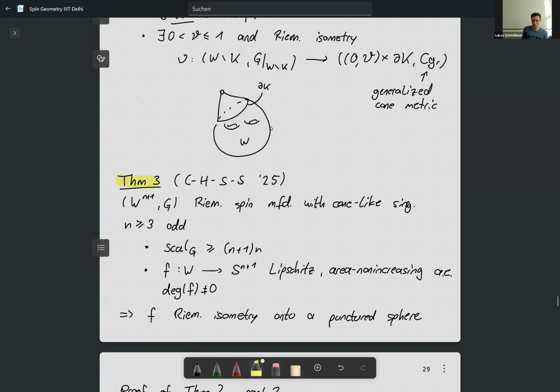In case of W^{1,∞}, this would mean that the links here, this ∂K, has to be a sphere, because in that setting you start with a closed manifold and then allow singular metrics, so metrics that are singular in points.